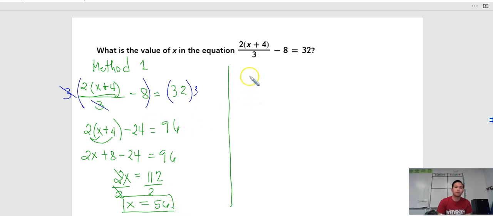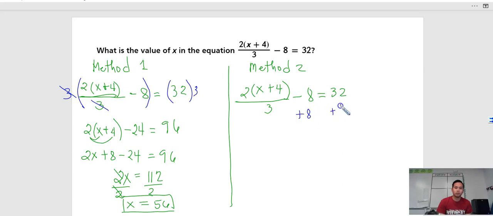Okay. The second method is when we have this problem, 2(x plus 4) over 3 minus 8 is equal to 32. I'm going to add 8 to both sides, so plus 8, plus 8.